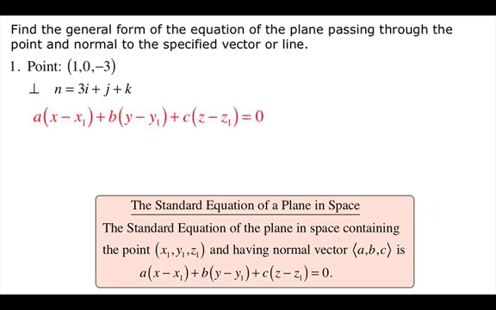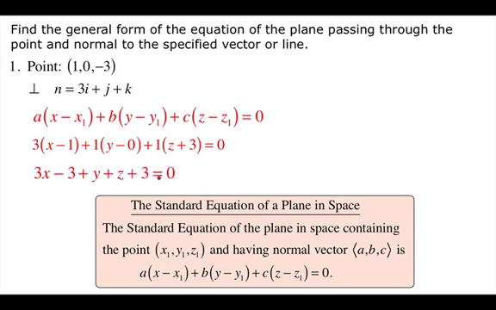We're going to substitute information here. 3, 1, 1. That's your A, B, C. Your x1, y1, z1 are here. Once you have this, distribute the 3, the 1, and the 1. Simplify this by combining the negative 3 and the 3, and this is your answer. Let's move on to number 2.